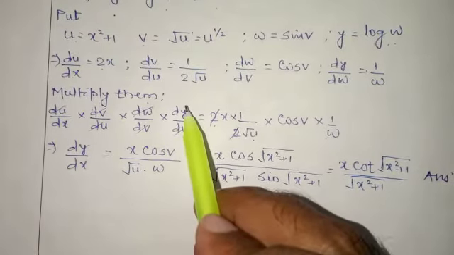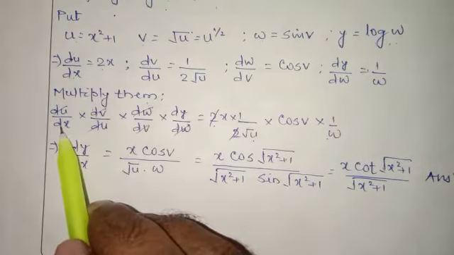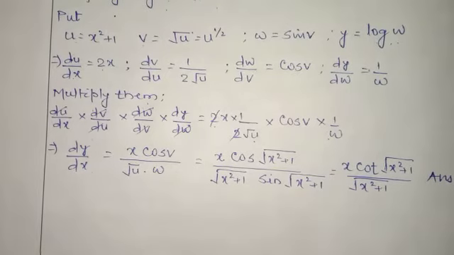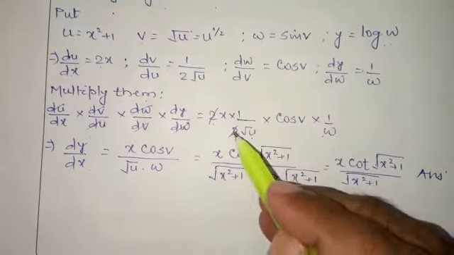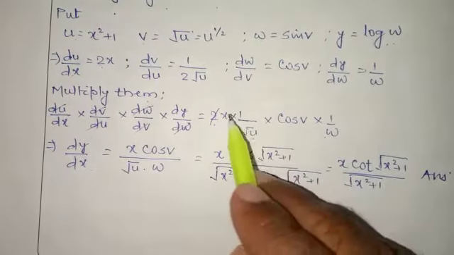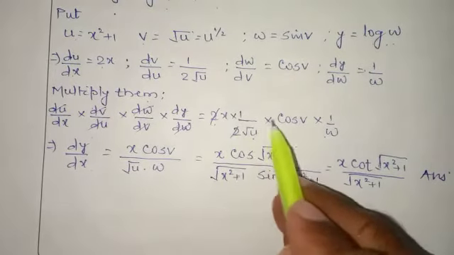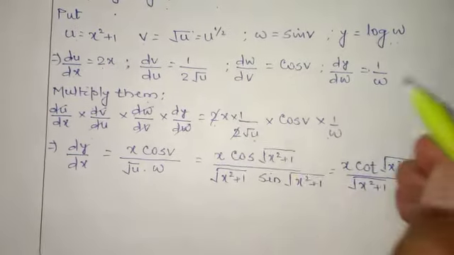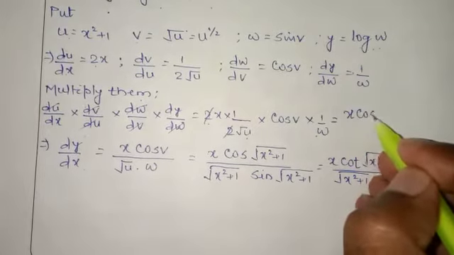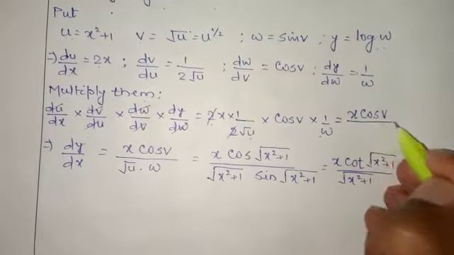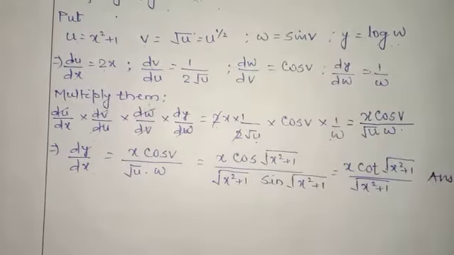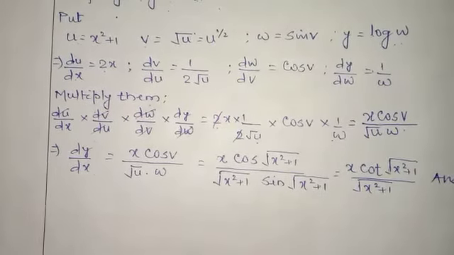How much is left? dy upon dx. Multiply on the right side. Only 2 and 2 cancel here. How much is left? In the numerator we have x into cos v, divided by under root u into w. This term is left on the right side.